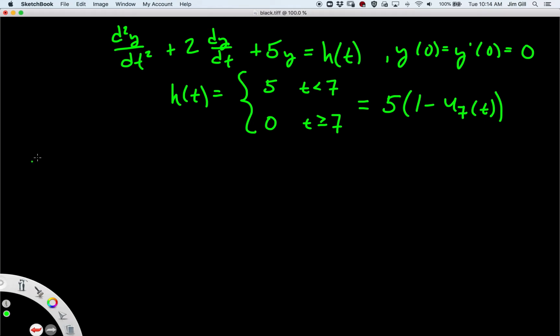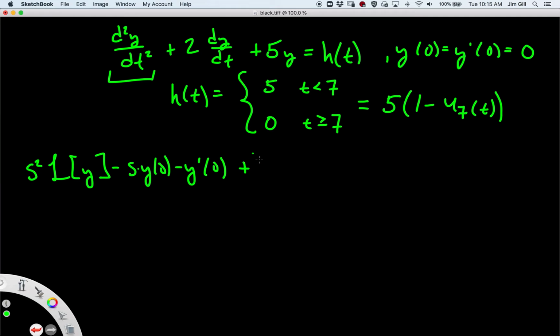We want to take the Laplace transform first of the second derivative of y, which we have computed. It's s squared times the Laplace transform of y minus s times y at 0 minus y prime at 0. Those are going to zero out in a moment. Now we have 2 times the Laplace transform of dy over dt, which is s times the Laplace transform of y, minus y at 0, which is also going to disappear.